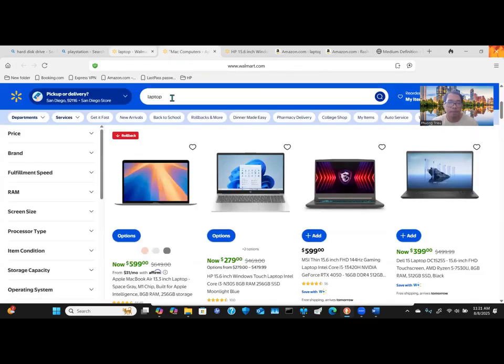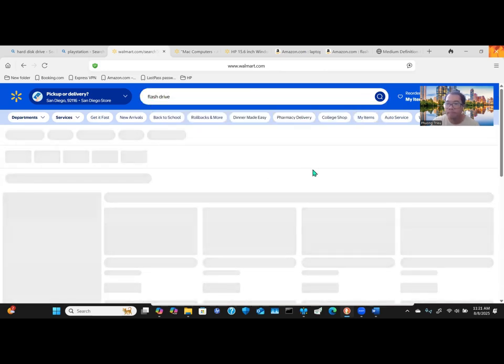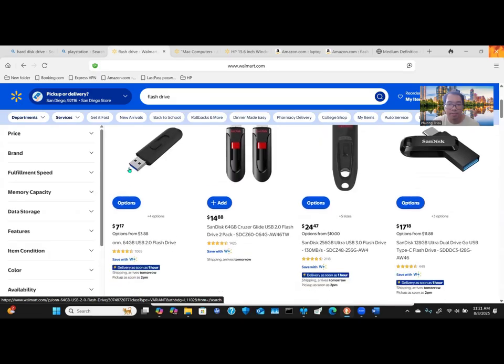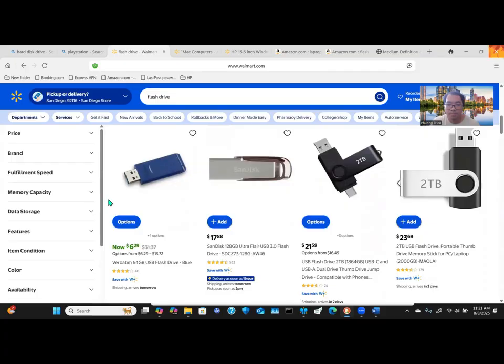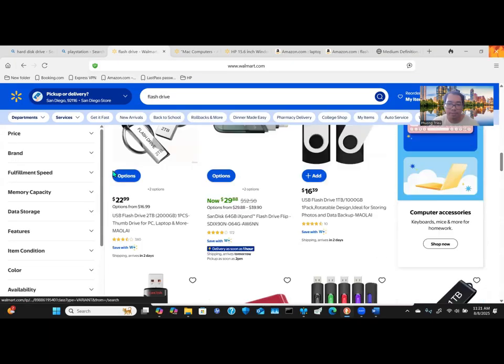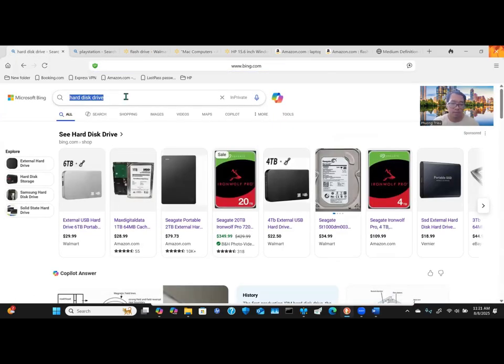So from Walmart, let's see. Okay, here are some flash drives that they are selling. Yeah, those are not very expensive. So let me show you the kind of computer port that can be used to insert a flash drive.